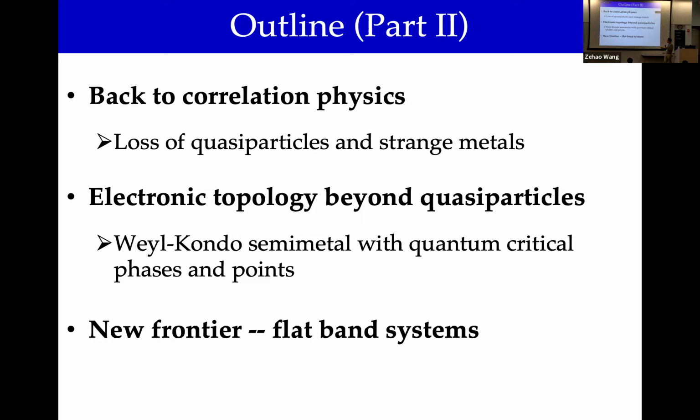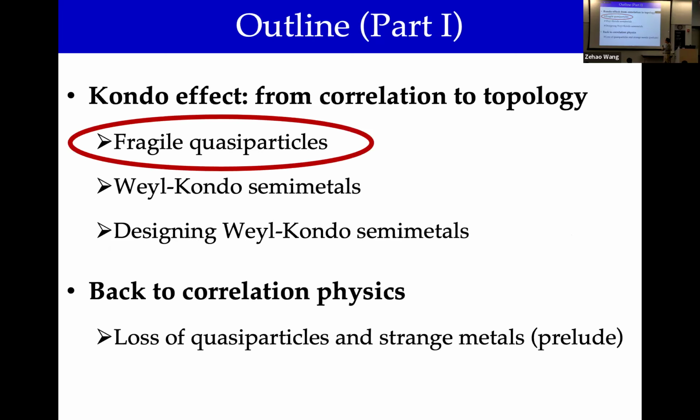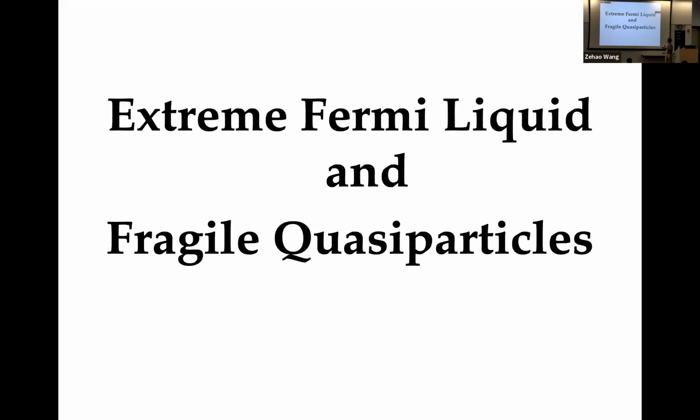And in the end, I'll just touch upon, in a way, an outlook of some implications of this kind of physics in the context of flat band systems, where there's not, at the atomic level, a separation of scales, velocity scales for example, but there are emerging velocity scales which act in a way like heavy fermion cases with a twist. Good. So let's start from the fragile quasi-particles. This is the context of extreme Fermi liquid.